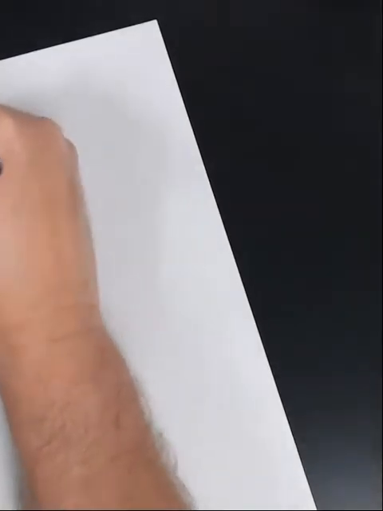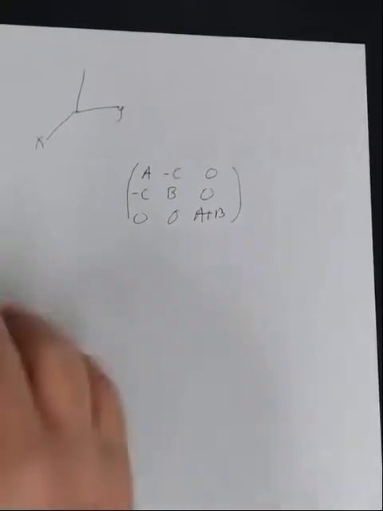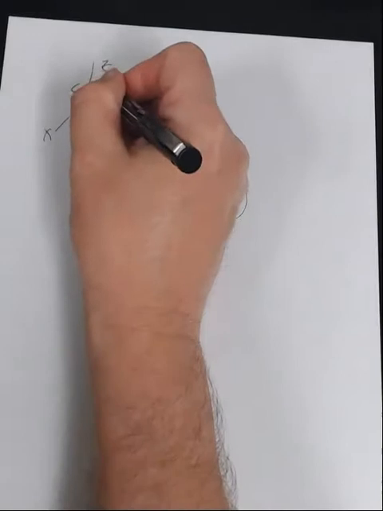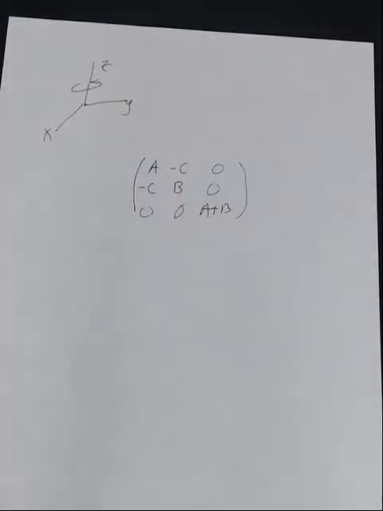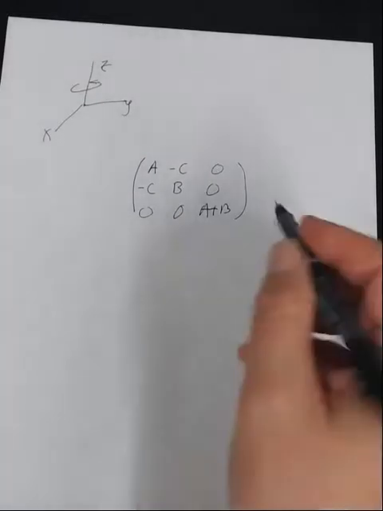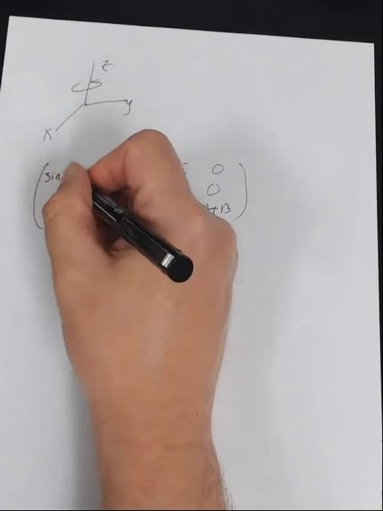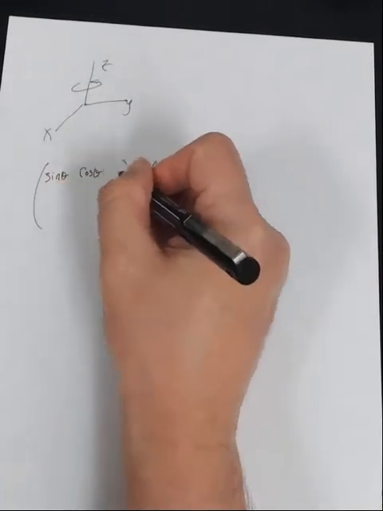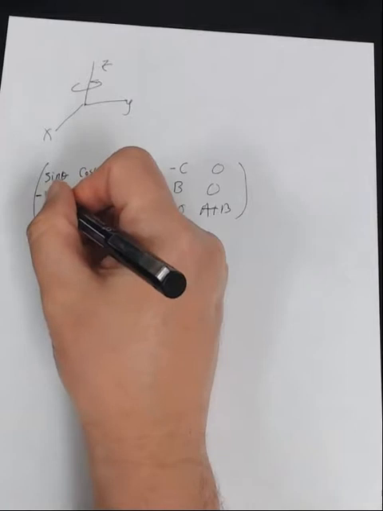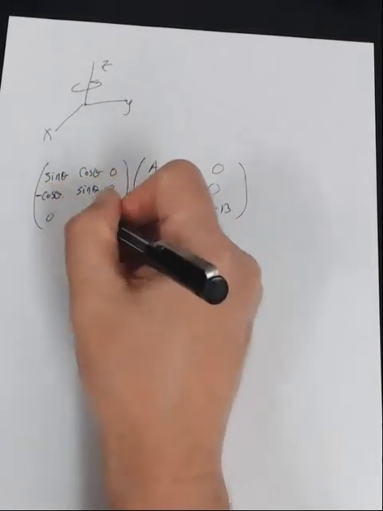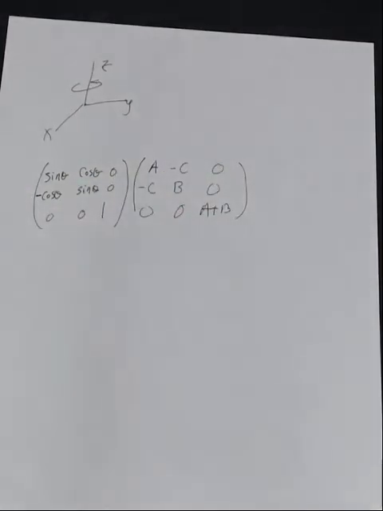So you're just going to have this original coordinate system, and you're going to make a rotation around the z-axis by theta. So that was our very first coordinate transformation. So what do you do? If you remember, this was sine theta, cosine theta, 0, negative cosine theta, sine theta, 0, 0, 0, 1. I believe it was.